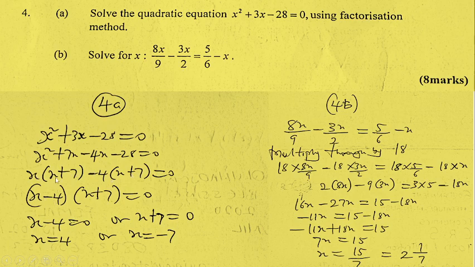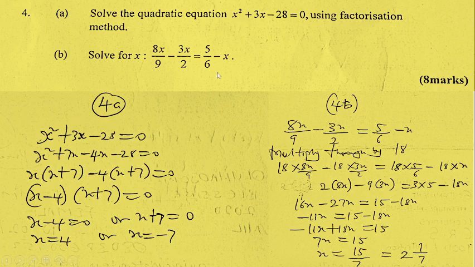Then from there we have s minus 4, then s plus 7 equals 0. This multiplied by this equals 0. That means this is equal to 0, and also this is equal to 0 as well. So s minus 4 is equal to 0, or s plus 7 is also equal to 0. Then from there, you can find out s to be 4, or s equals to what? Minus 7. So that means the solution to this quadratic equation is s equals 4, or s equals minus 7.